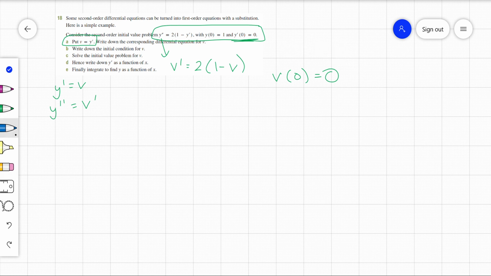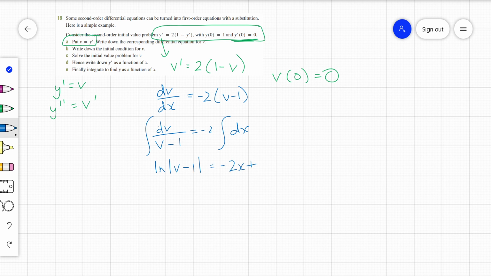Okay, so if we wanted to solve that, then we would say dv/dx is equal to, I'm going to do the same thing I did before, v minus 1, because then when I put the v's all on this side, this is dx, so it's a nice log, v minus 1, we've got minus 2x plus c.